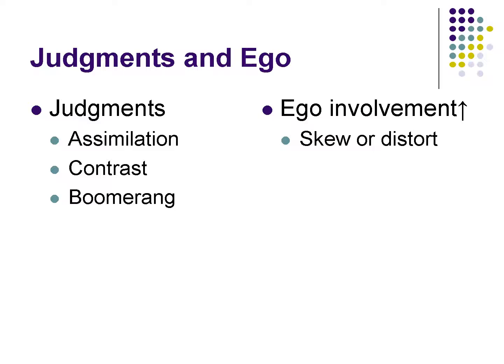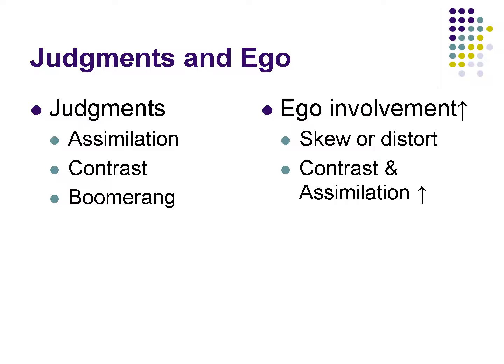On the other hand, a person may have a slight deviation from what you believe, right? Maybe you're very ardent, high ego involvement, and a person is suggesting a slight deviation from what you believe, but because you're so involved, you tolerate little distinction, and you think they're too far away from you, and so your judgment is a contrast, when really they're not that far away. So we say that as ego involvement goes up, you skew and distort, and that means that you actually increase contrast and assimilation, right?